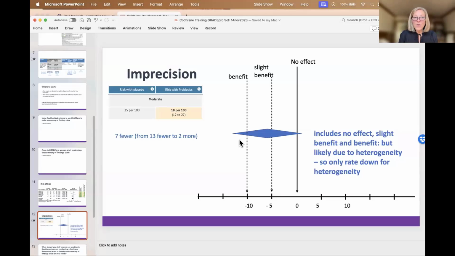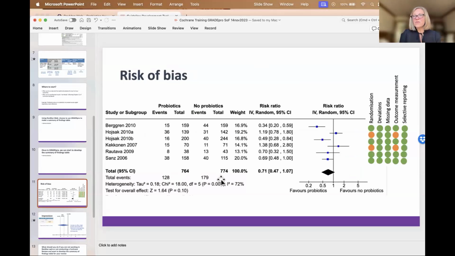The issue is, though, we can see, and I'll flip back, that we do have a lot of people and a lot of events. And likely, our confidence interval is so wide because of that heterogeneity. So I don't necessarily want to rate down for imprecision because of that wide confidence interval. I actually think that it's because of the heterogeneity that we have this wide confidence interval.